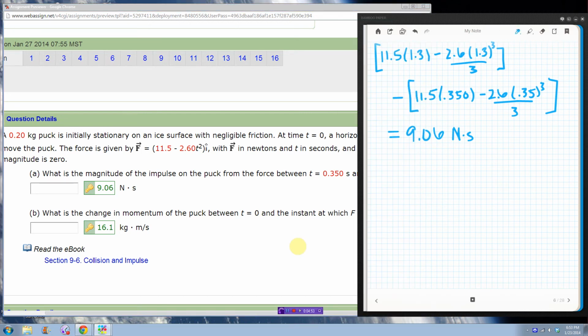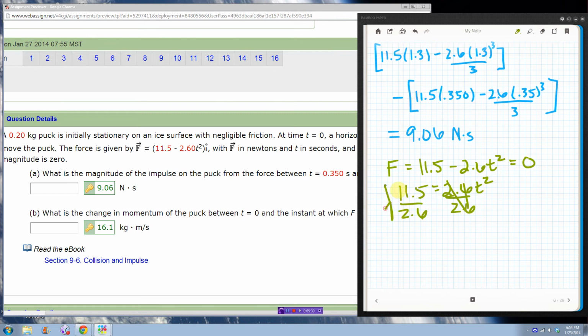I already know that F equals 11.5 minus 2.6 t squared. I just need to set that equal to 0 to find out when force is 0. So divide both sides by 2.6, and then that'll go away.